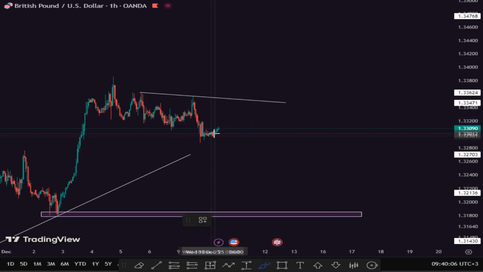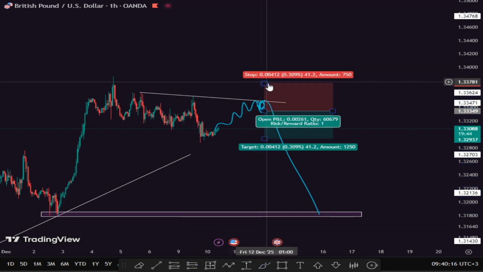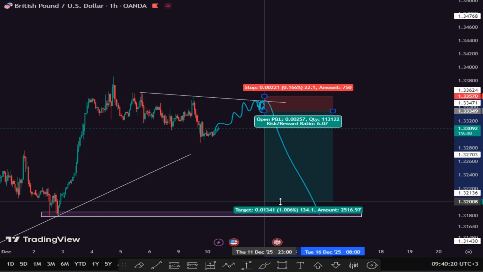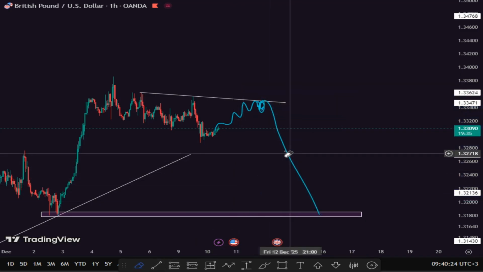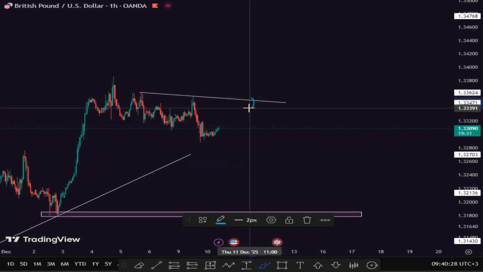If this market continues going back in this manner, that tells us that this is just a correction, and I will be looking for a sell opportunity around that level, something like this. Have my entry around that zone, then target that zone. So it's just a matter of how price is going to approach this level right here, right?